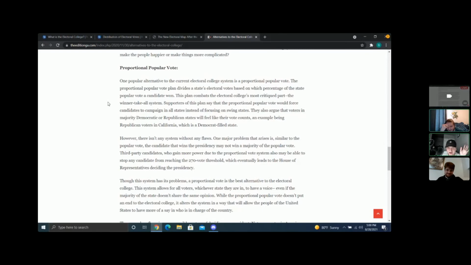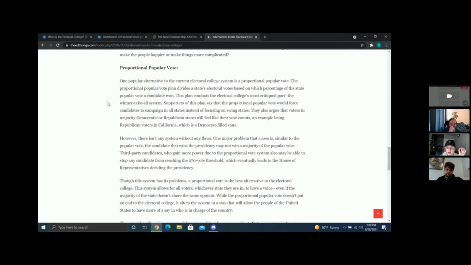Proportional popular vote. One popular alternative to the current electoral college system is a proportional popular vote. The proportional popular vote plan divides the state electoral votes based on which percentage of the state popular vote a candidate won. This plan combats the electoral college's most critiqued part, the winner-take-all system. Supporters of this plan say that the proportional popular vote would force candidates to campaign in all states instead of focusing on swing states.